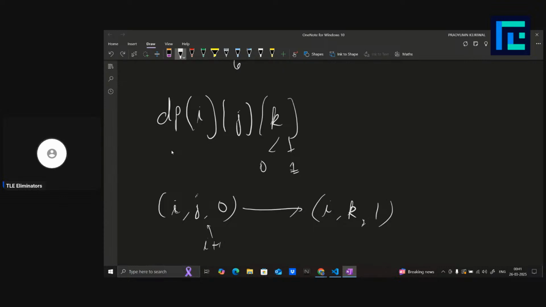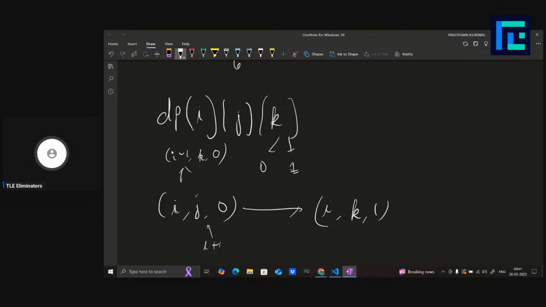So from this state, I cannot go to i comma l because I am already at 1. That's why I am keeping one more state of whether or not I have already moved in the current row parallelly. So from i comma j comma 0, I can transition to i comma k comma 1, or to i minus 1 comma k comma 0.